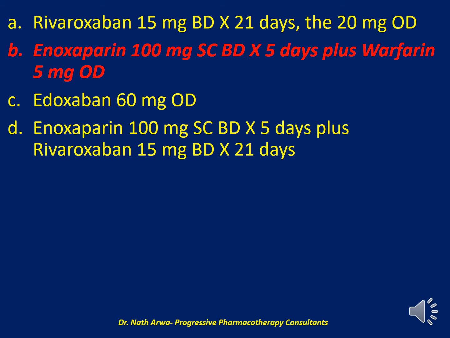Rivaroxaban doesn't require renal dose adjustment until a creatinine clearance value of below 15 ml per minute. However, due to this patient having issues with adherence, rivaroxaban may not be the most optimal choice for him, because there would be an increased risk of thromboembolic events if he prematurely discontinues his intake of rivaroxaban.